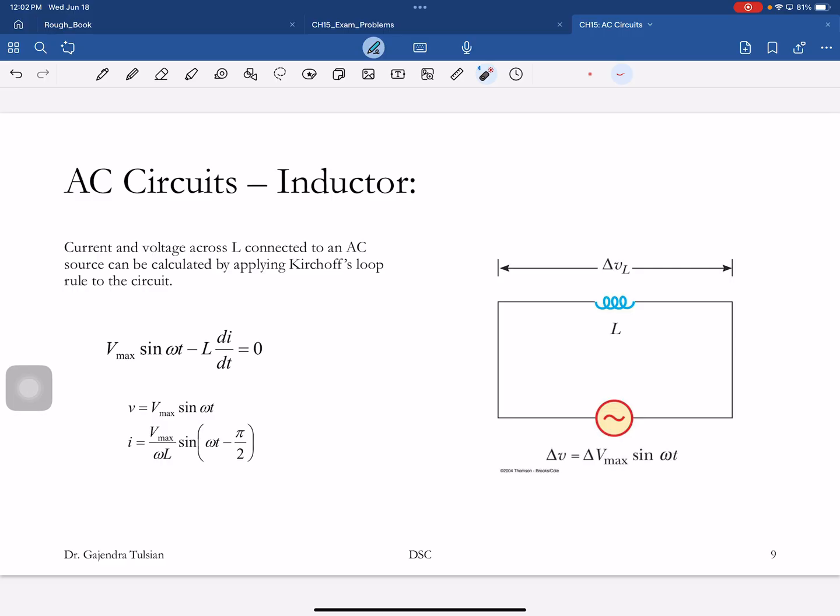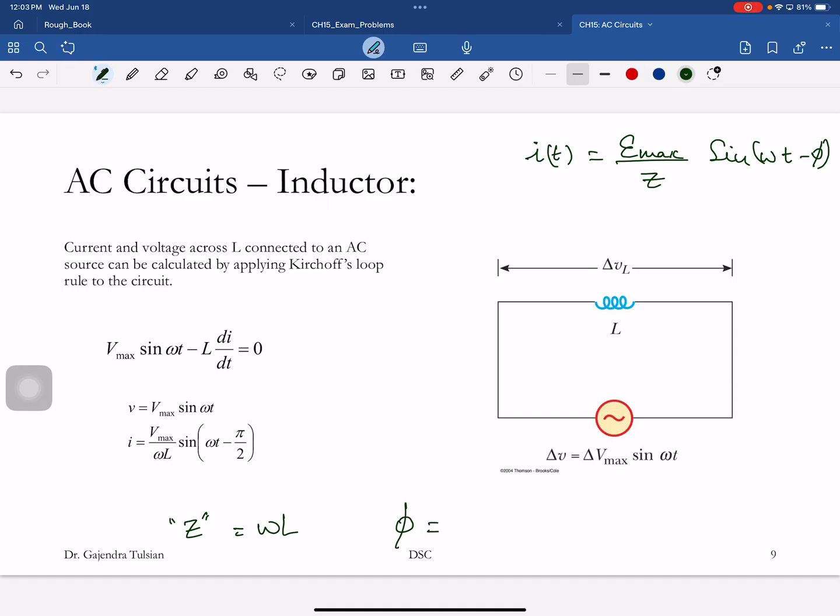Okay, so we'll compare this to I(t) equal to E max over Z sine omega t minus phi. What is Z? Omega L. What is phi?